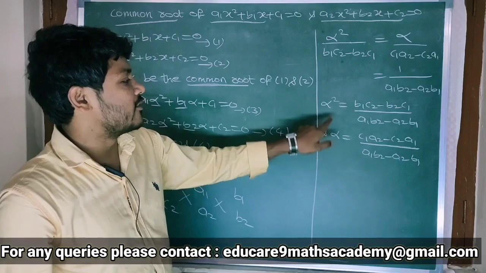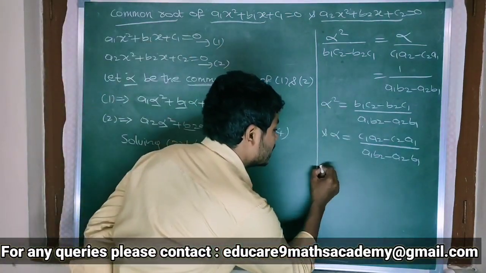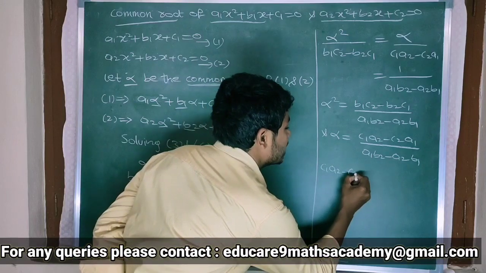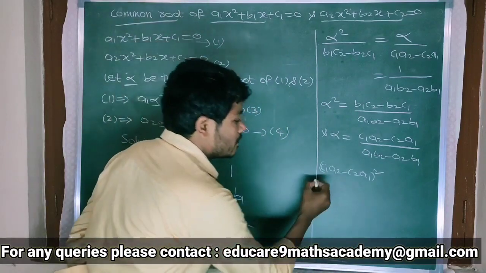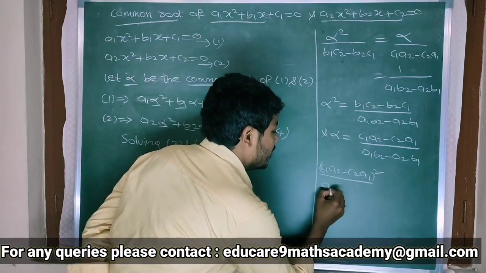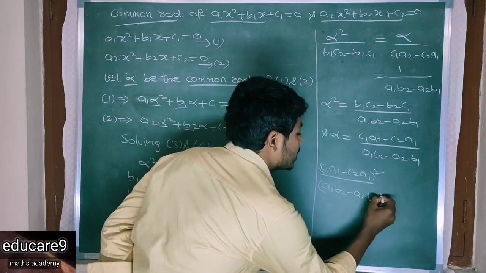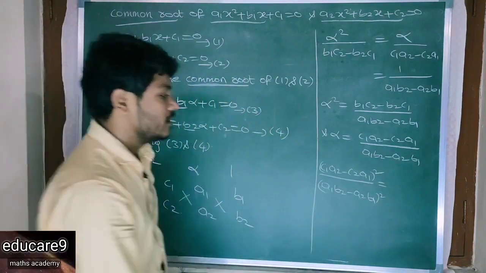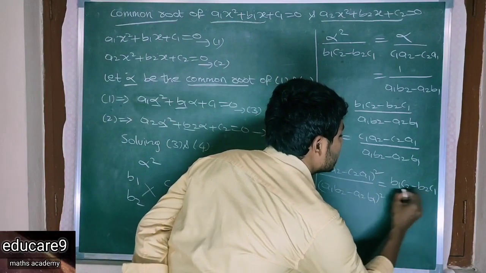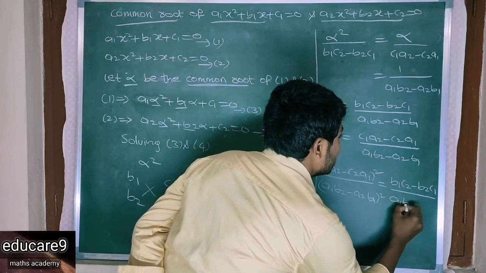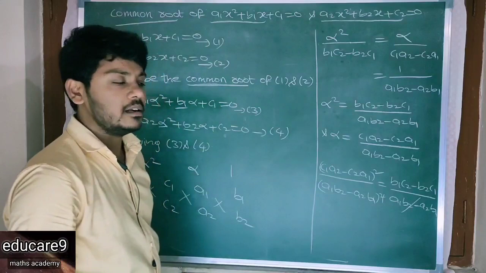And substitute this alpha in this equation. So from that, c1 a2 minus c2 a1 whole square by a1 b2 minus a2 b1 whole square is equal to what? b1 c2 minus b2 c1 divided by a1 b2 minus a2 b1. So here one term should be cancelled.